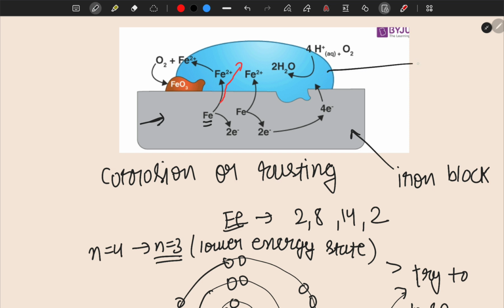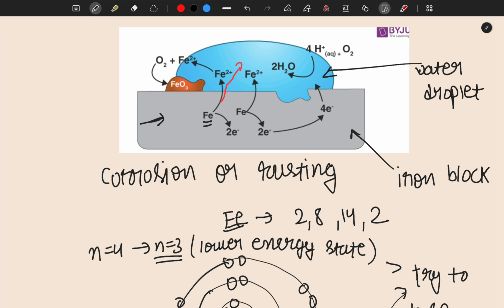this water droplet. This is a water droplet, which can be like moisture, a humid environment, or you put your iron rod in a glass of water, or a ship is inside sea water or something like that. So it's a humid atmosphere. For illustration purposes we are choosing a water droplet.